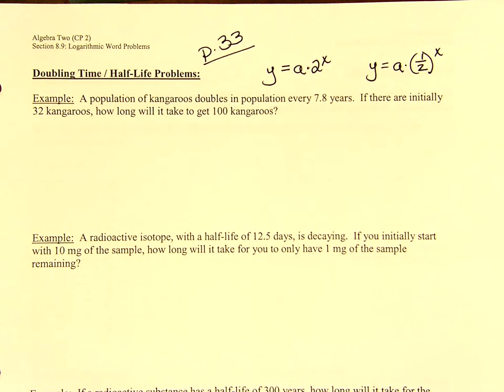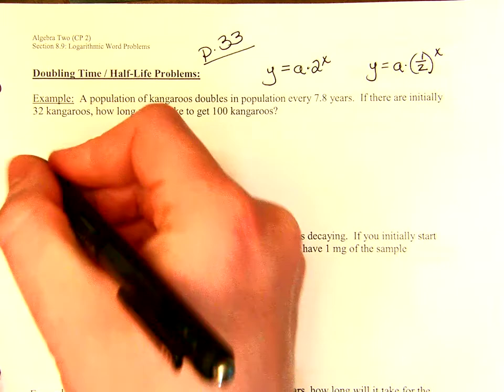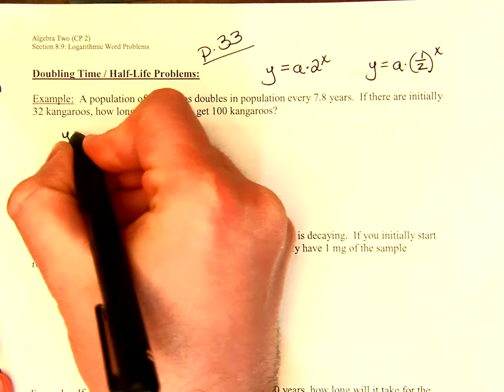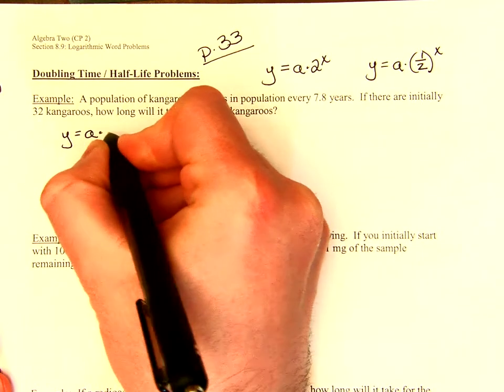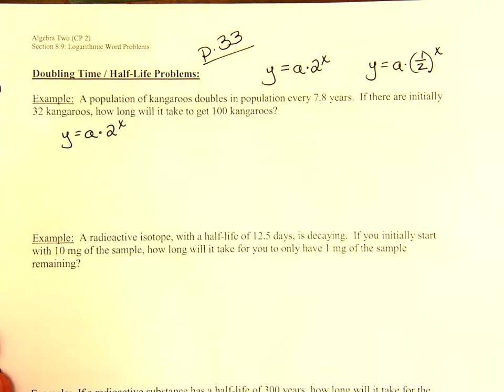In our first example on page 33, a population of kangaroos doubles in population every 7.8 years. Initially, there are 32 kangaroos. We want to know how long it takes to get to 100. I'm going to use my doubling formula, y equals a times 2 to the x.